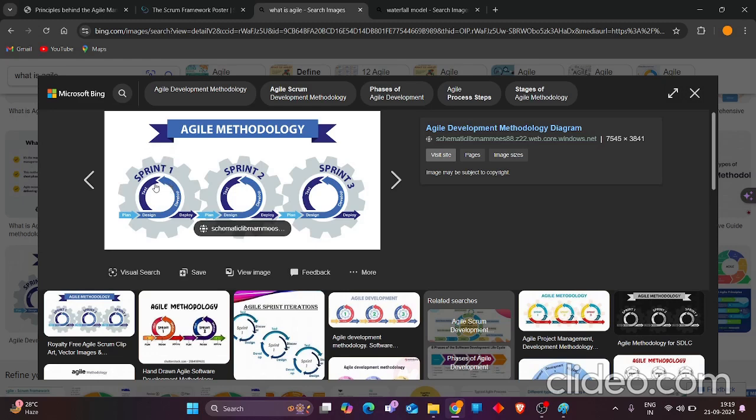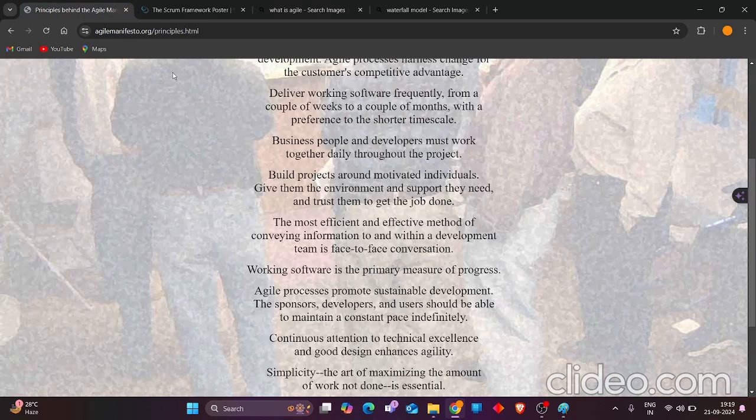For one feature there is a part, for the second feature there is a part, for the third feature there is another part. We'll learn about it in detail, but I'm going to show the basics of the Agile methodology.